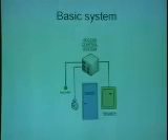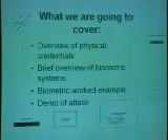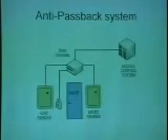Slightly more sophisticated systems actually have a local door controller, which talks to the access control system. Quite often, the access control system simply pushes the credentials, i.e. the user IDs, the card number, to the door controller, which remembers it. In this situation, we've got what's known as anti-passback.